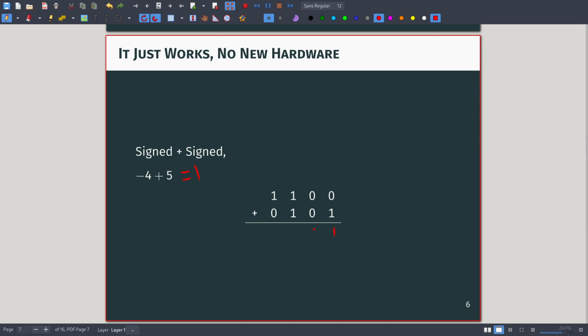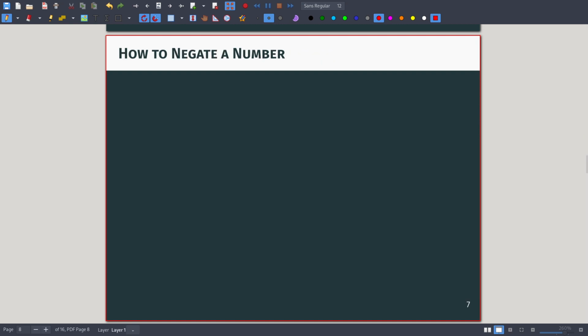We have 1, 0, 0, 1, 0, carry the 1, and because you want to keep it as 4 bits, you're going to throw out the carry bit, right? And we can all agree that that is 1, because that's the only positive bit, and that's the 1's place. So it just works.